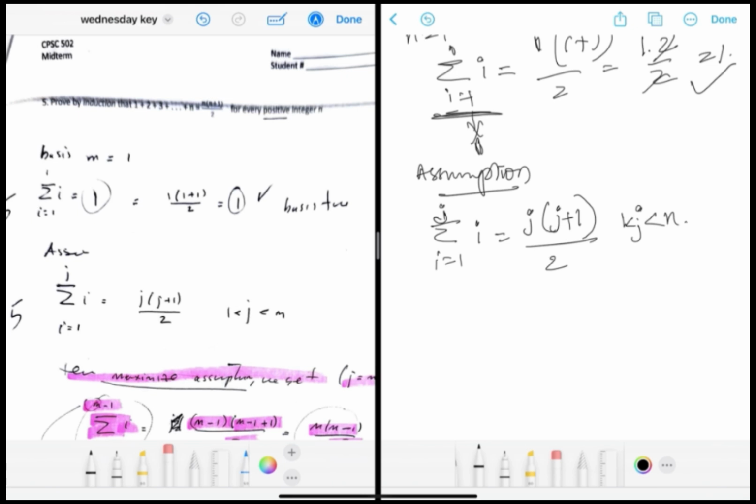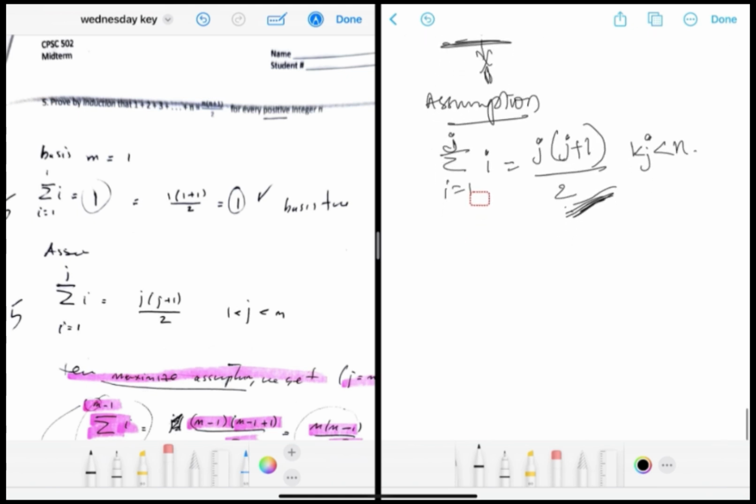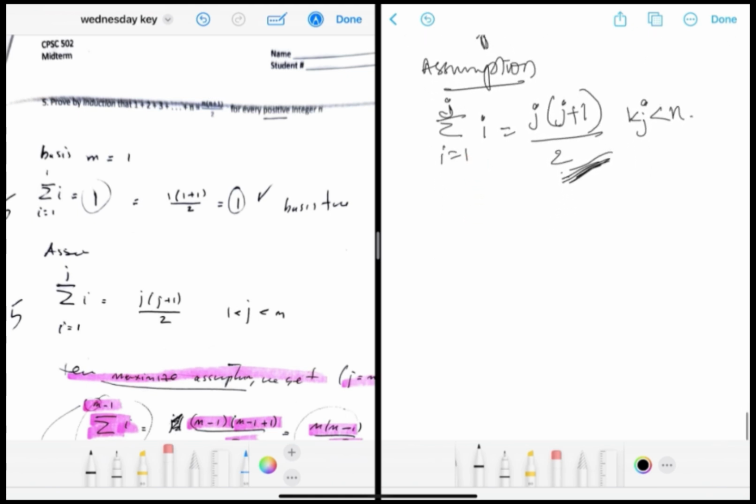So we are assuming that this gives the right answer for every j between 1 and n. So if we maximize this assumption, it's going to be true till n minus 1.